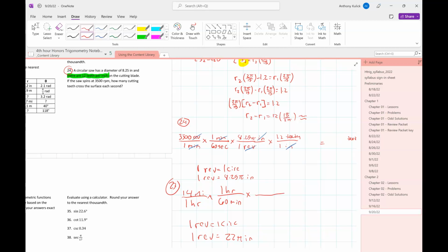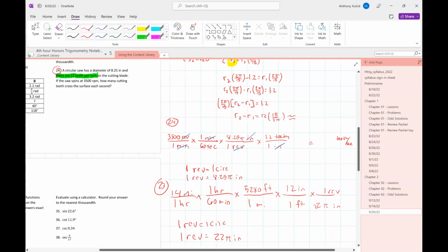All right, let's convert miles to inches, I guess. 1 mile is 5,280 feet. You guys all know that, right? Oh, that's a common one. You should know that. 1 foot is 12 inches. And I know that 22 pi inches is 1 revolution.